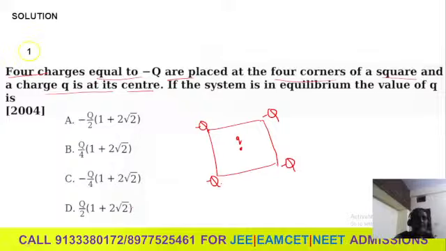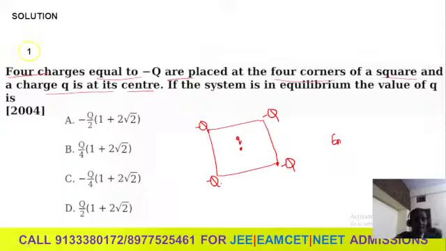So you take at any point due to other charges, take the net value, then equate with 0, either force or electric field strength, whatever.